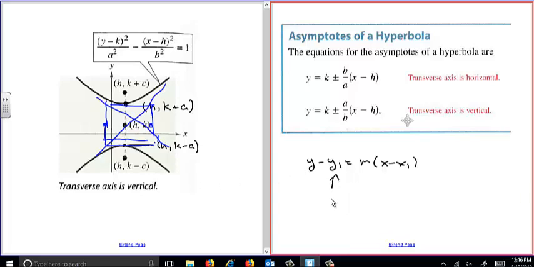So that's why this one is k, which is the y coordinate of the center, and why this one is h, because that's the x coordinate of the center of the hyperbola. So all we've done here is take the point slope form of the linear equation, use k and h instead of y1 and x1, and then solve for y without multiplying everything out.